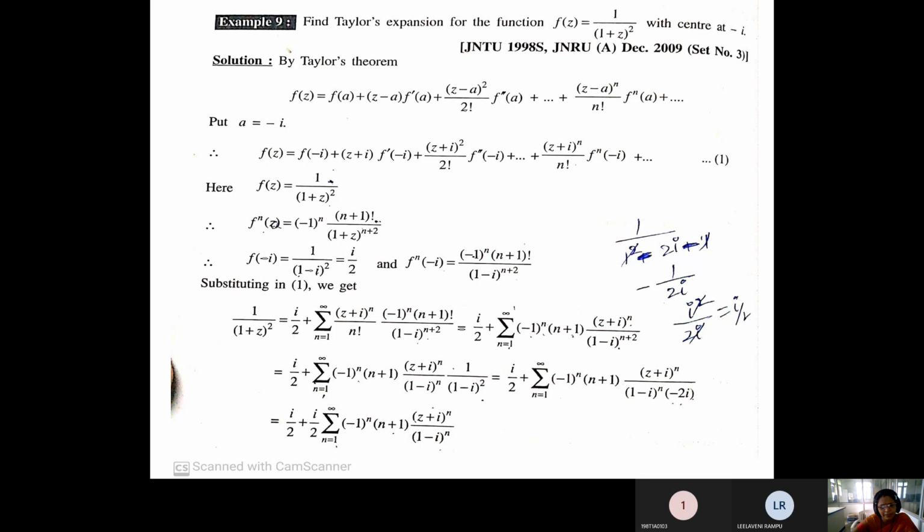So put z equal to minus i in f of z and fn of z, and substituting these values in f of z, you will get the Taylor series for the given f of z.